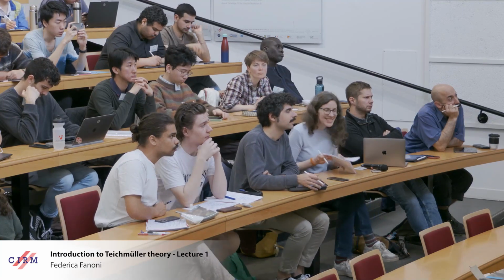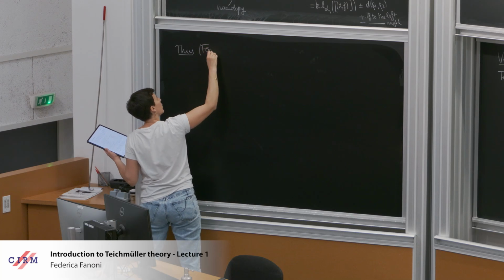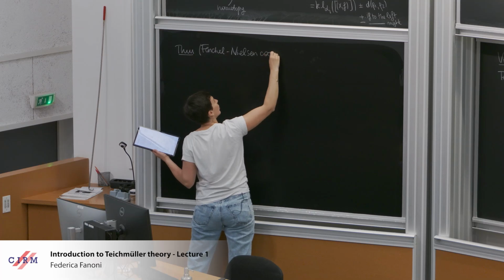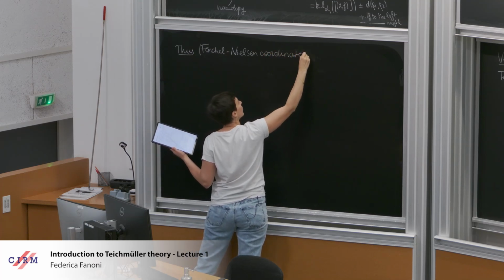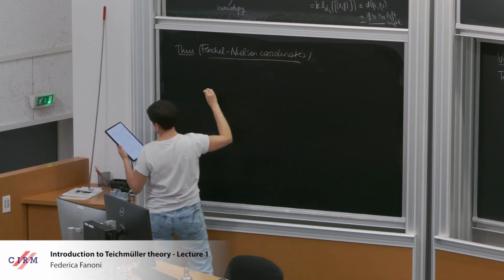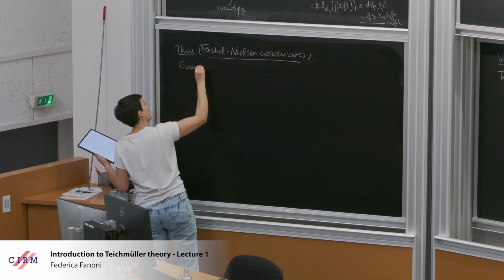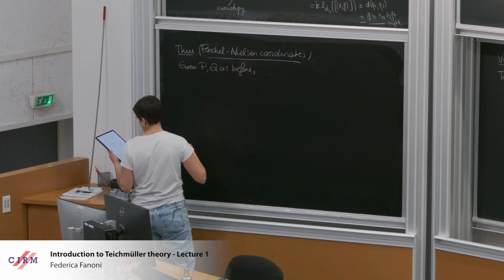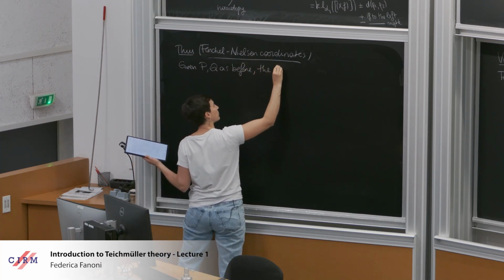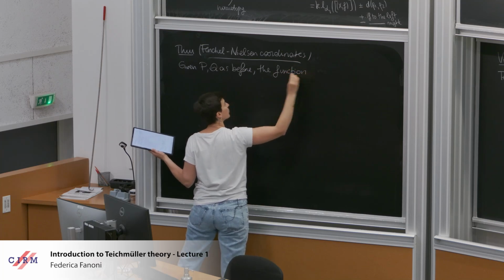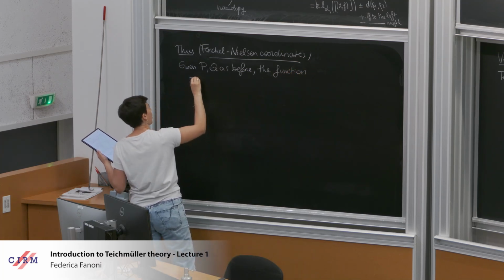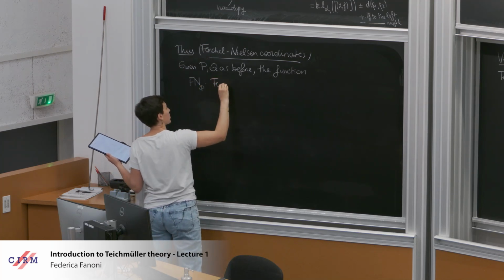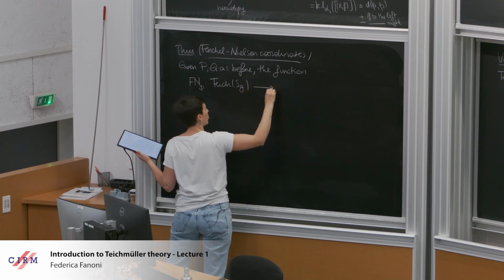Okay, so the theorem is that if I have P and Q as before, then the function, let me call it Fn, actually it really depends on P, from Teichmüller space to, what do I have?